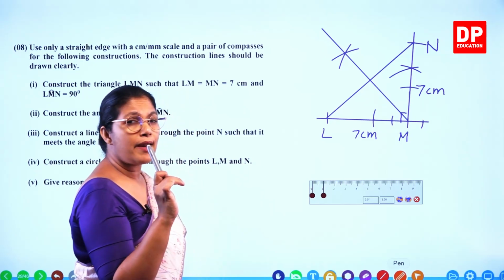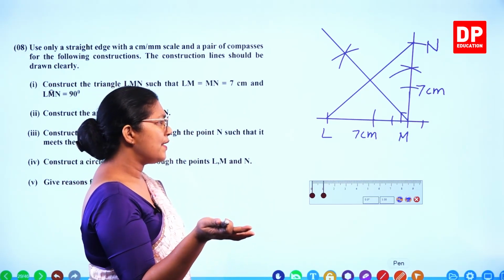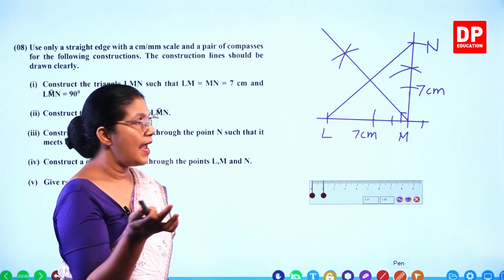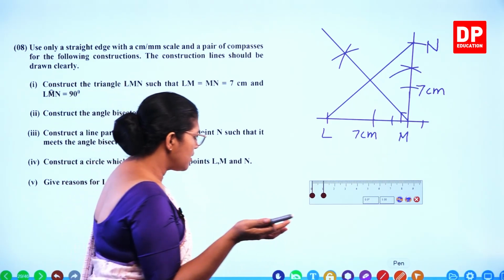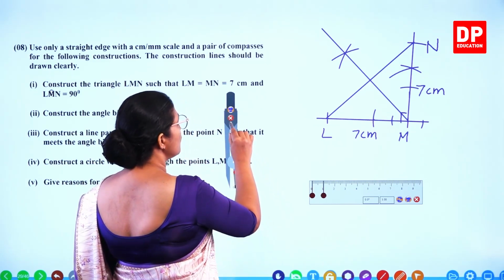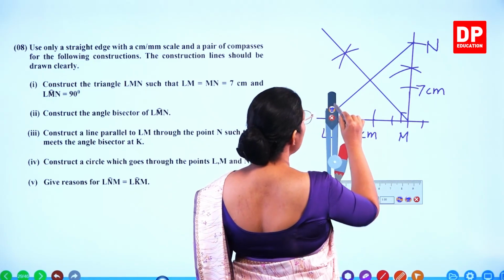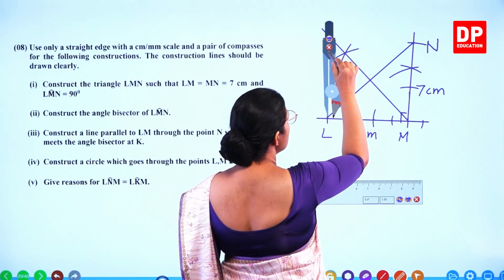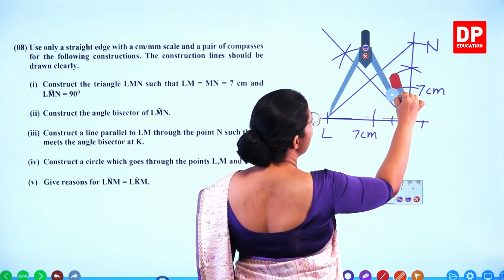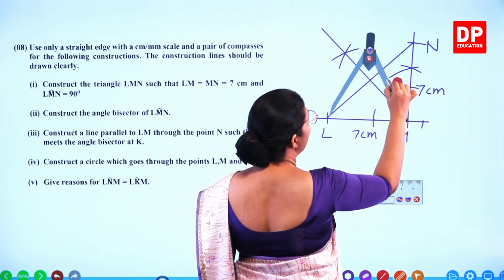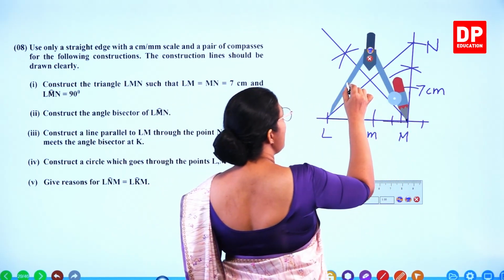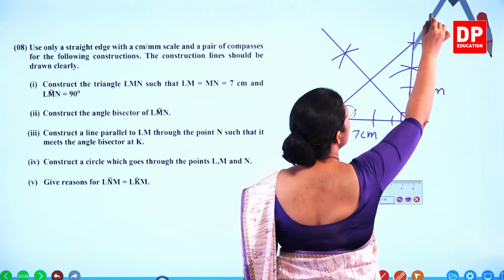How do you construct a parallel line? You can use the parallelogram method or alternate angles are equal. So copy the angle. So let's take the parallelogram method. That's the easiest. So what I can do, I can just take the distance from L to M, and that distance should be the same as N to that point.